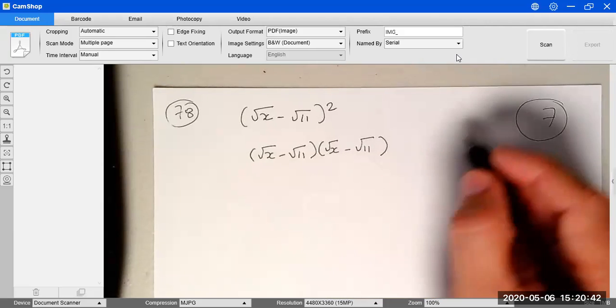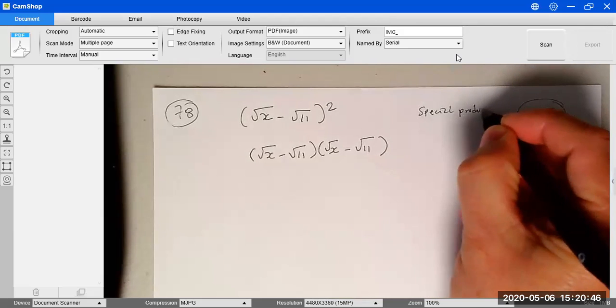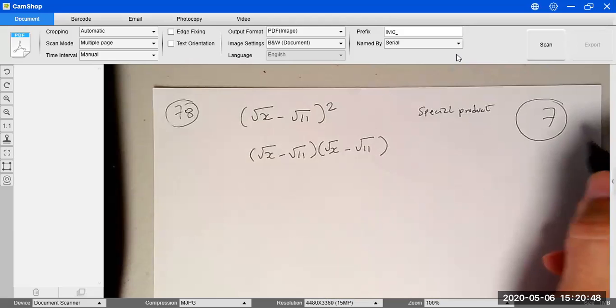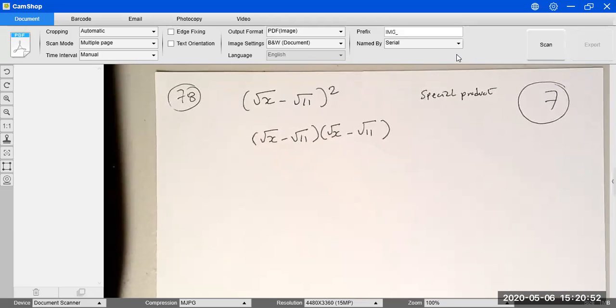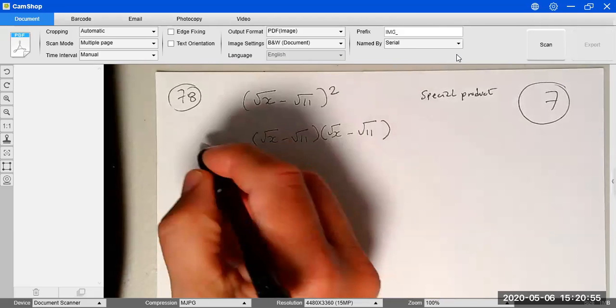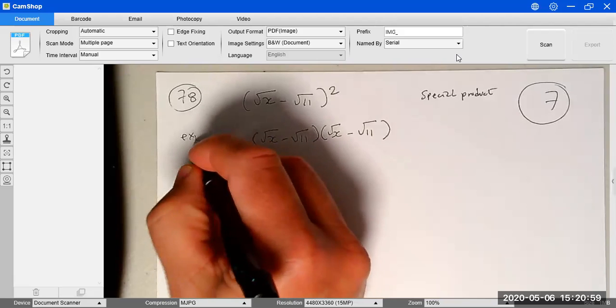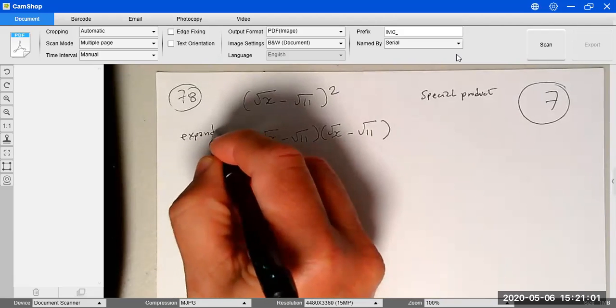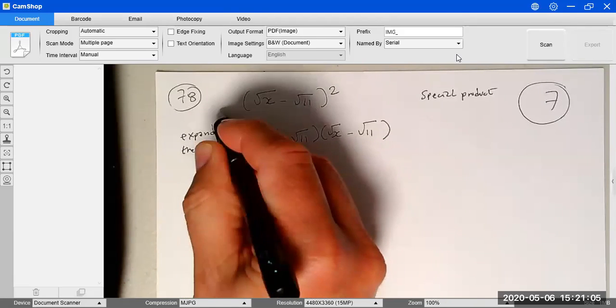Or you can use a special product rule. So I'm going to do it both ways, and you're going to see that you're going to get the same answer. So this is expansion. This is expanding the square.